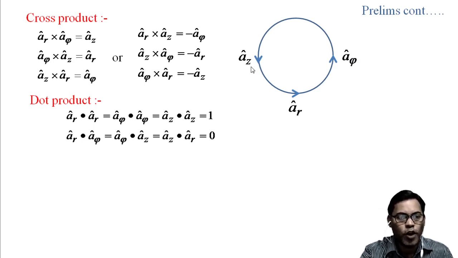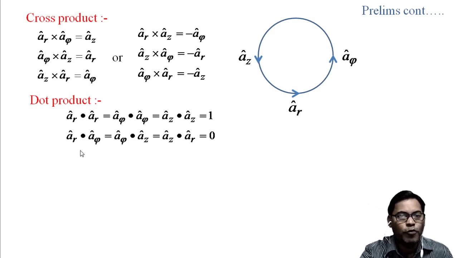Now the dot product of these three unit vectors can be calculated. You see that AR dot AR means in the same direction, both the AR will be in the same direction, so theta will be 0, so cos 0 will be equals to 1, so AR dot AR will be equals to 1. Similarly, we can find out Aφ dot Aφ will be 1, AZ dot AZ will be equals to 1.